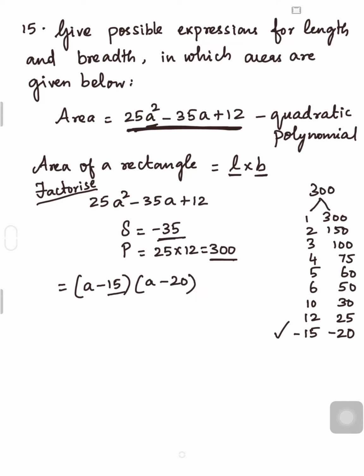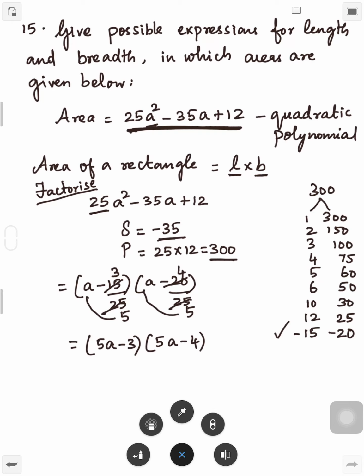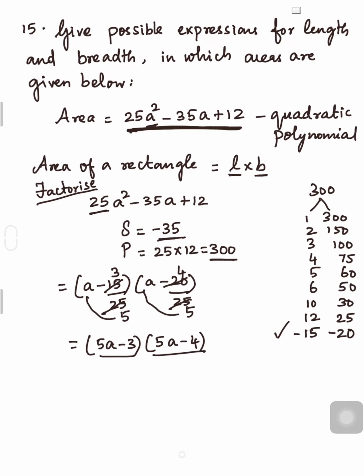Now divide by the coefficient of a squared, which is 25. It goes in 5 times: 5 threes are 15, 5 fives are 25, and 5 fours are 20, 5 fives are 25. So you take the 5 here and 5 here: 5a minus 3 into 5a minus 4. So you have written 25a squared minus 35a plus 12 as 5a minus 3 into 5a minus 4.